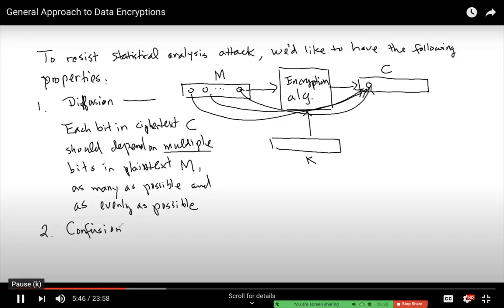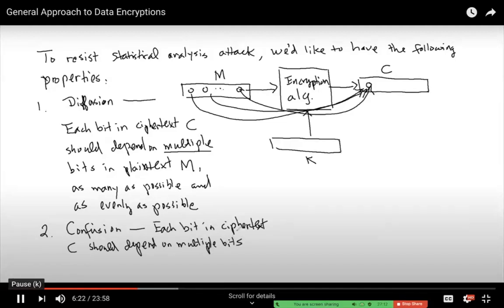So what that means here is that each bit in the ciphertext C should depend on, again, multiple bits, but this time in the secret key K. Okay.